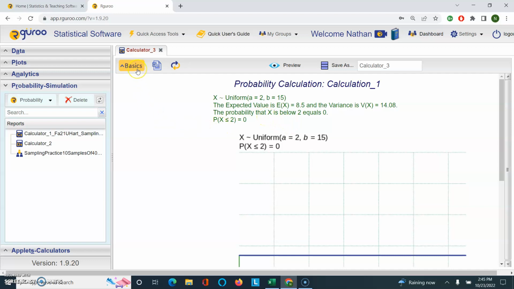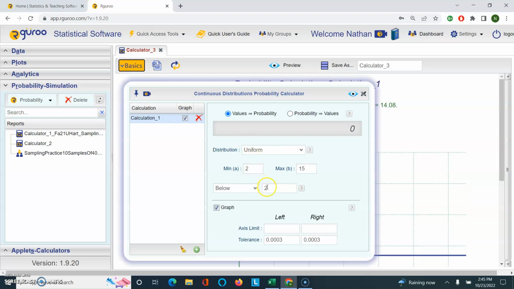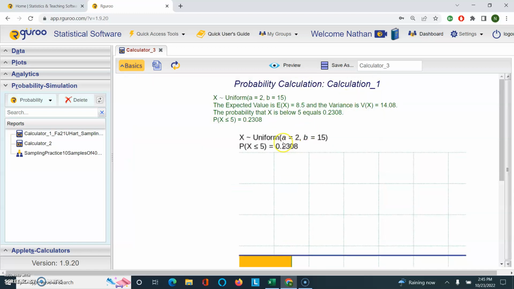Let's try one more. How about arriving less than 5 minutes? Okay, and now we're getting a more realistic, in this case, almost 1 in 4 times, so 0.23.